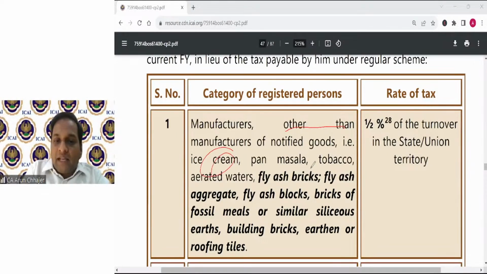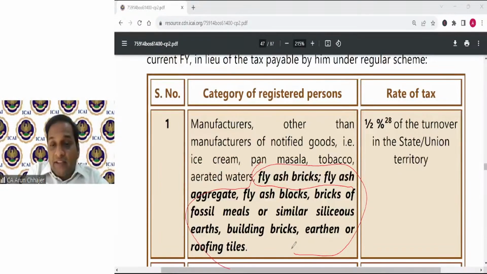Ice cream, pan masala, etc. we will discuss. This fly ash bricks is being added recently. 0.5%. Why they are saying 0.5%? Why not 1%? एक बार मुझे वापस बताओ. Please clarify why they are saying 0.5%. Why they are not saying 1%?